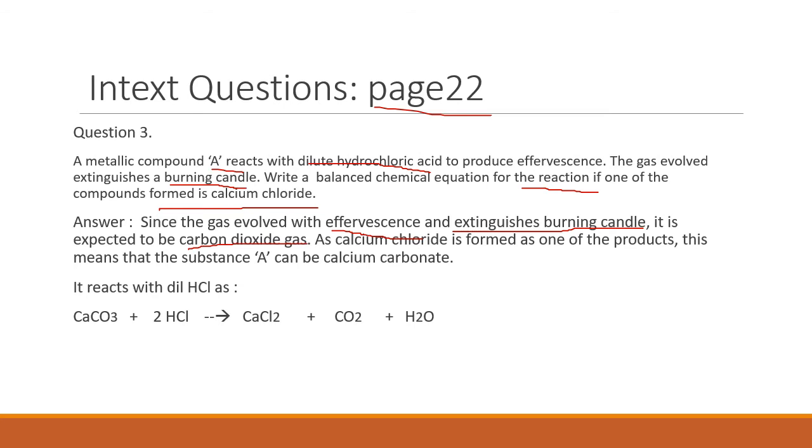And as the compound formed is calcium chloride, hence we can say the substance A is calcium carbonate, because calcium carbonate reacts with hydrochloric acid to form calcium chloride salt as per the question, and evolves carbon dioxide gas, and this carbon dioxide gas is responsible for extinguishing the fire, and along with this water will form.